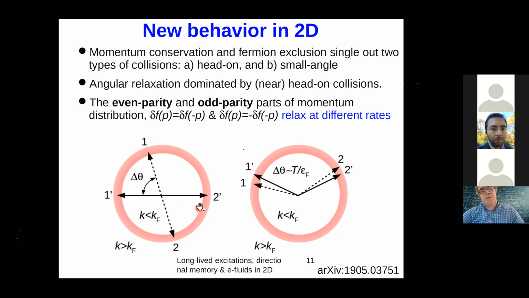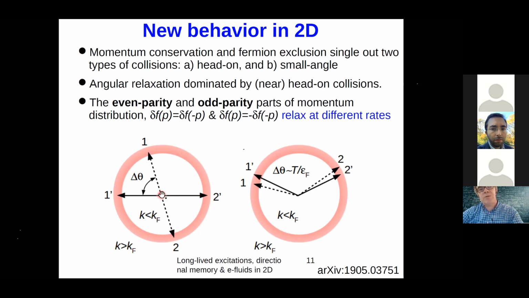As a result, kinematically speaking, I can get the outgoing states positioned anywhere on the Fermi surface, and for head-on collisions angular relaxation does not present a bottleneck. So we have to look into the rates and compare how efficient these processes are and those processes. For angular relaxation, the head-on processes will be highly efficient.